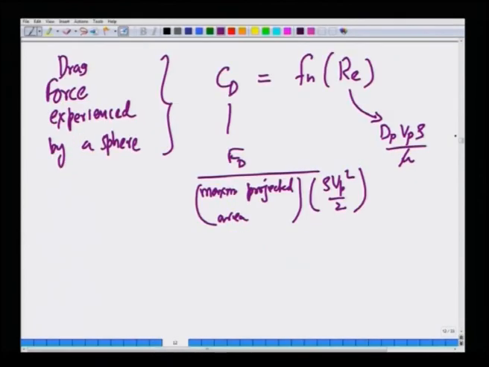F d is the drag force experienced by the particle. So, C d is nothing but 2 F d by pi r p squared rho V p squared.